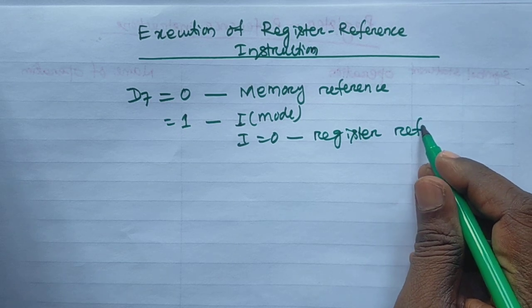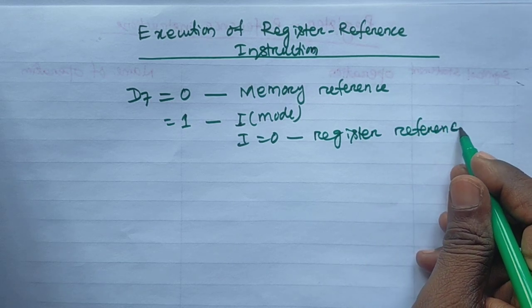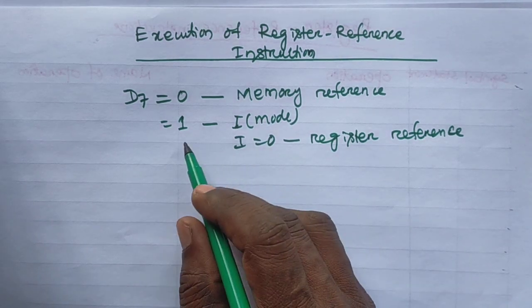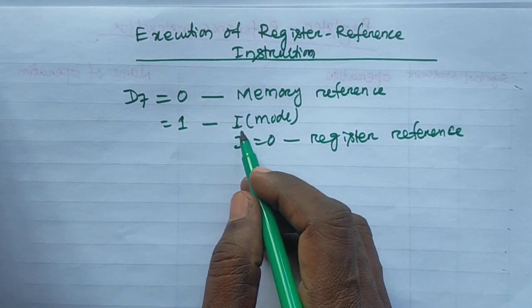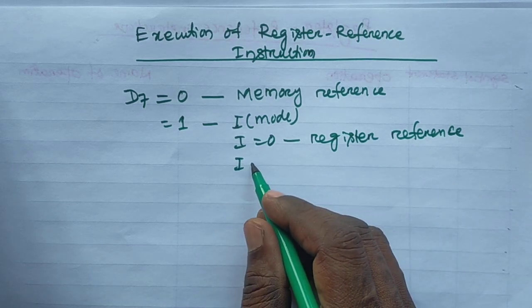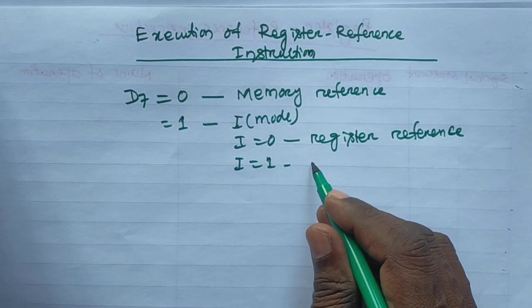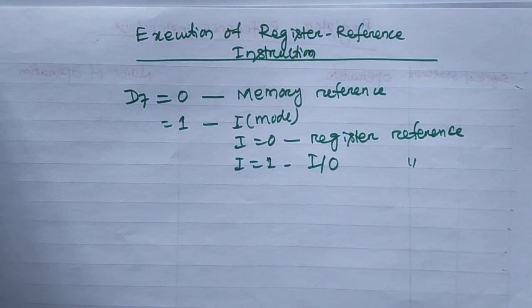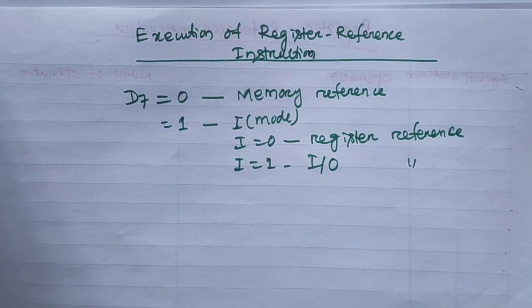So again, D7 is 1 and first I is equal to 0, register reference. If I is equal to 1, then we go through input output reference. In this way, we can define or design the different reference instructions. This is the basic concept of how to define the reference types.